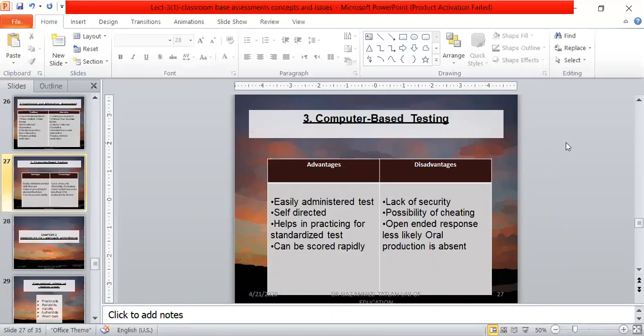Computerized test can be scored rapidly, no doubt. It's a major strength of it. The results or achievement score can be shared with the participants within hours, within minutes, whereas non-computer based testing scores take a couple of days and weeks.